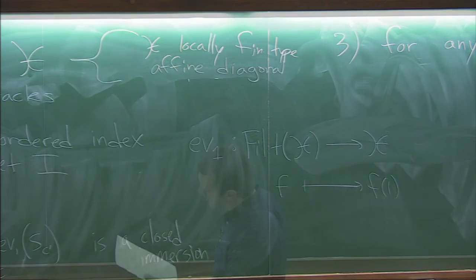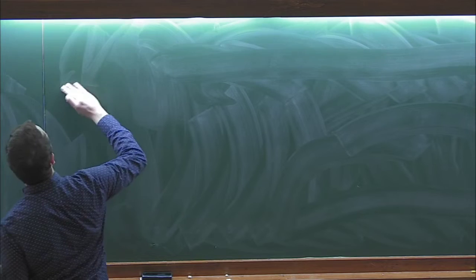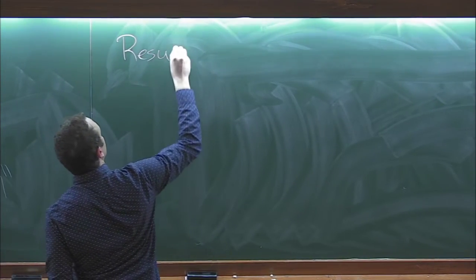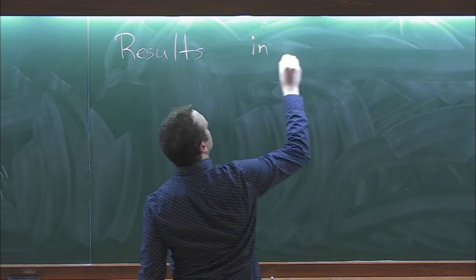So one structure you always have: EV1 from SC into X is a locally closed immersion on these strata. So this does result in a stratification.